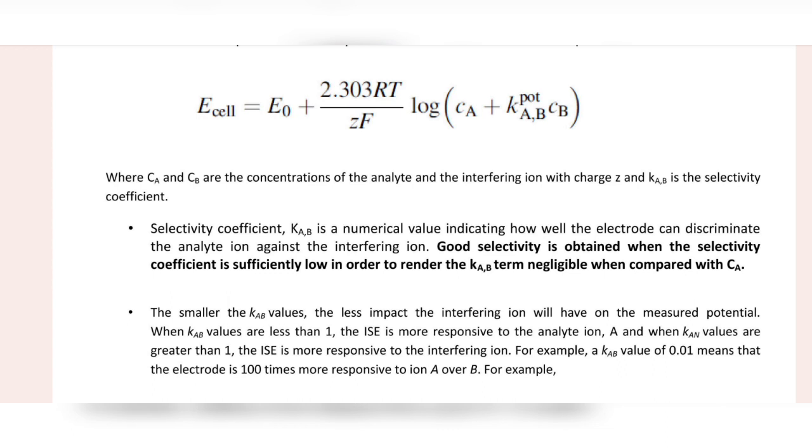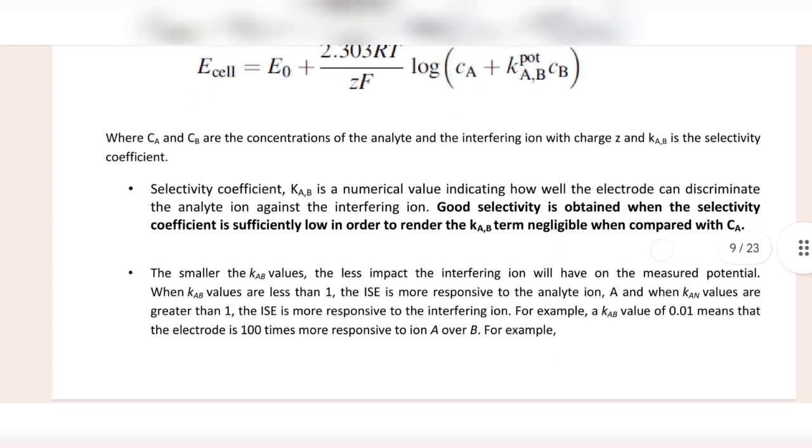If it is greater than 1, then the unwanted ion concentration also interferes in the total potential, so selectivity will become very low.